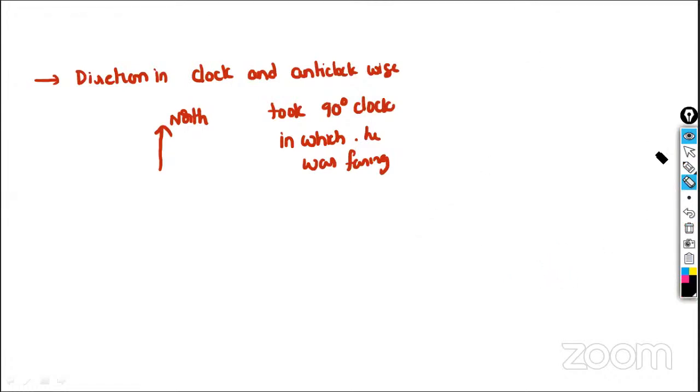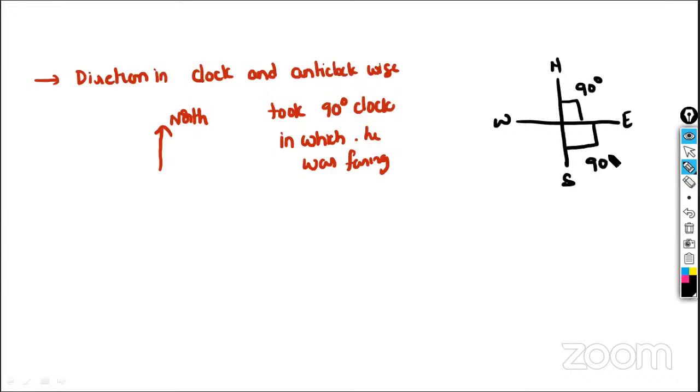So first, we know very well: north, south, east, west. That means the angle between north and east is 90 degrees, east and south is 90 degrees, south and west is 90 degrees, and west and north is 90 degrees. That means it's a clock.